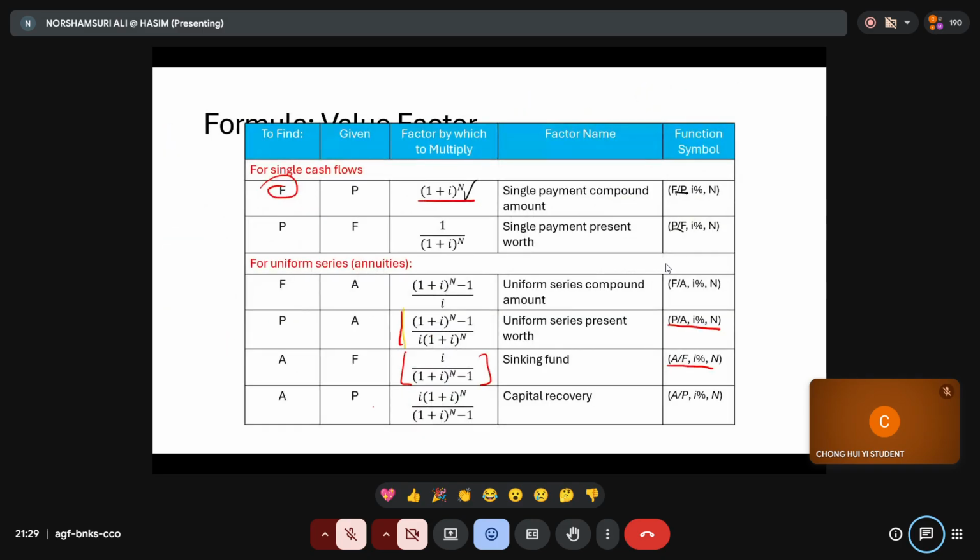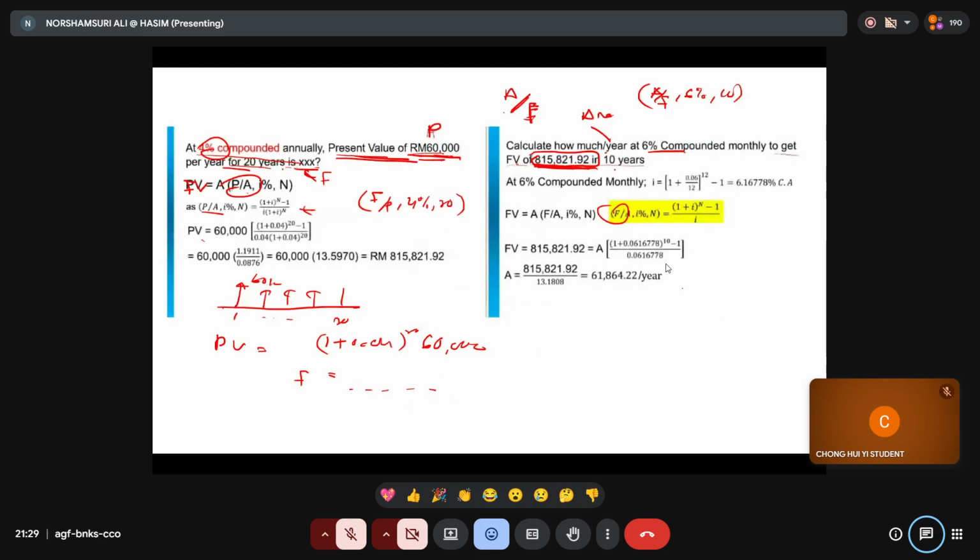If you use F over A, then where is A here?